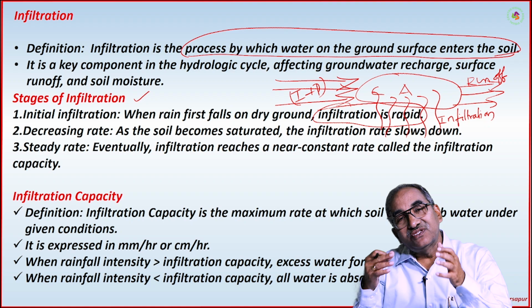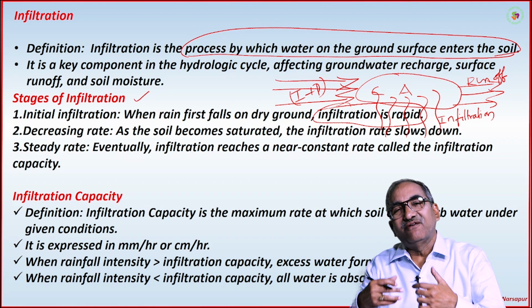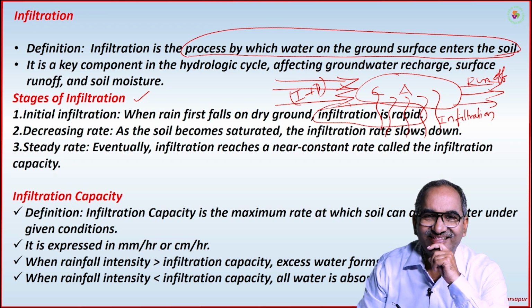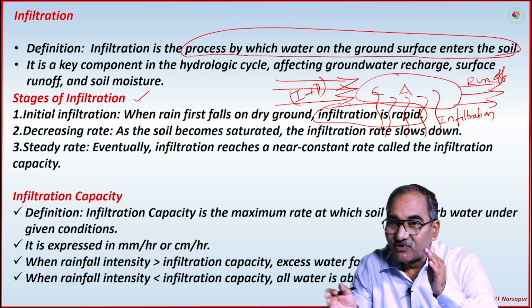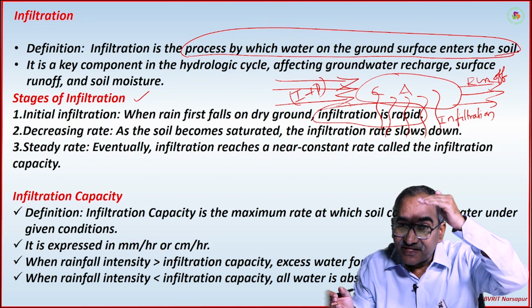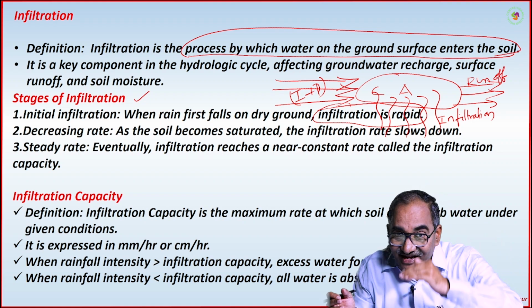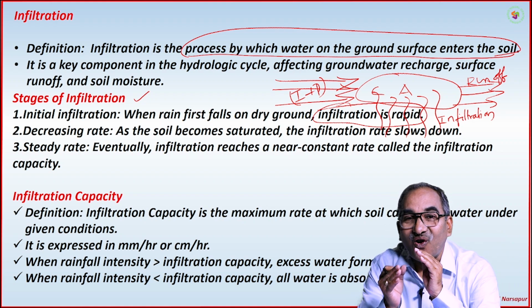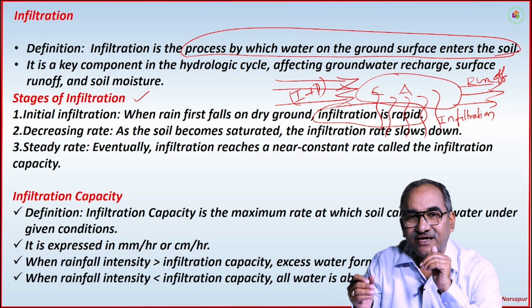Whereas suppose the rainfall continues for a period of 1 hour or 2 hours. Then, as time progresses, the rate at which the water enters the soil goes on decreasing.